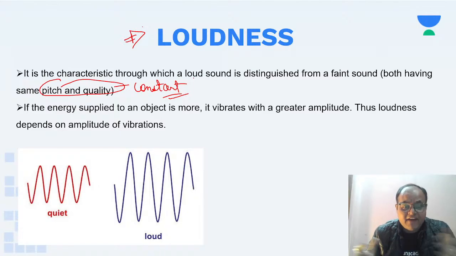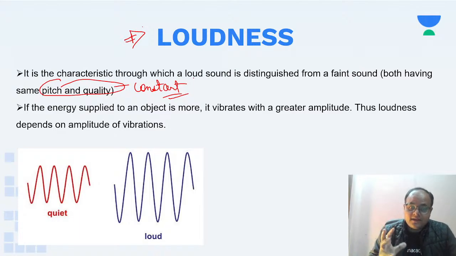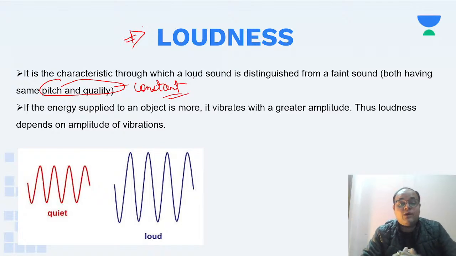Now see what loudness is. If I'm speaking like this, this is loudness. This voice is different from my normal voice, and I did some extra effort. I have to apply a lot of force on my throat, on my epiglottis, to produce this loud sound.